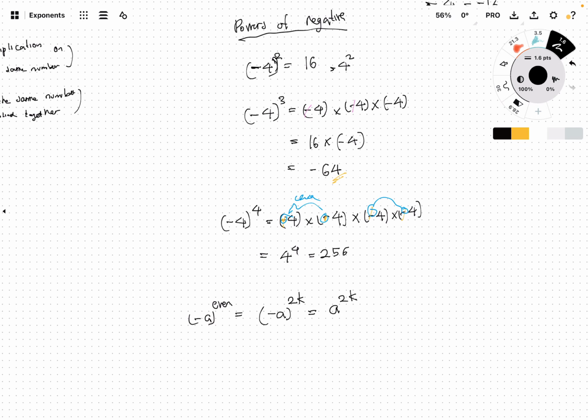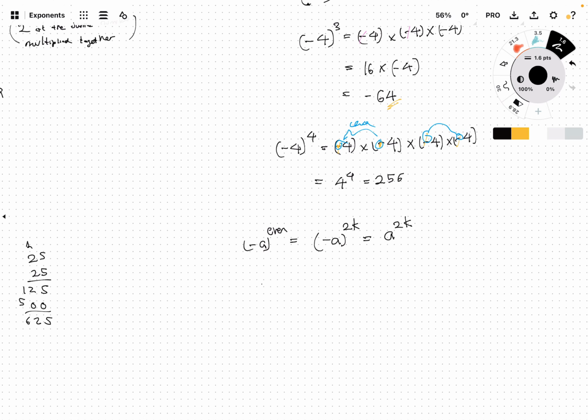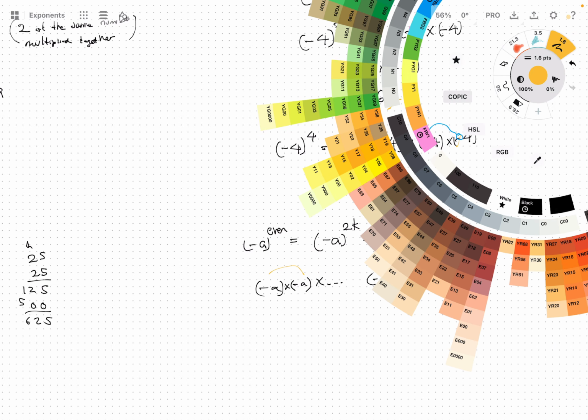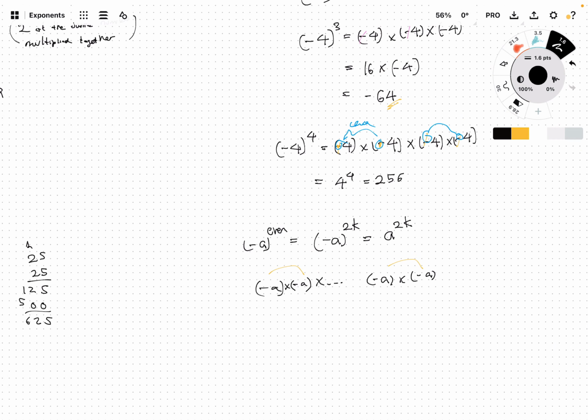Why? Because all the negatives cancel. So you have a bunch of negative a's multiplying together. If there's an even number, you can pair them up really nicely. Every single one will pair, right? And when you pair them up, the negatives cancel.